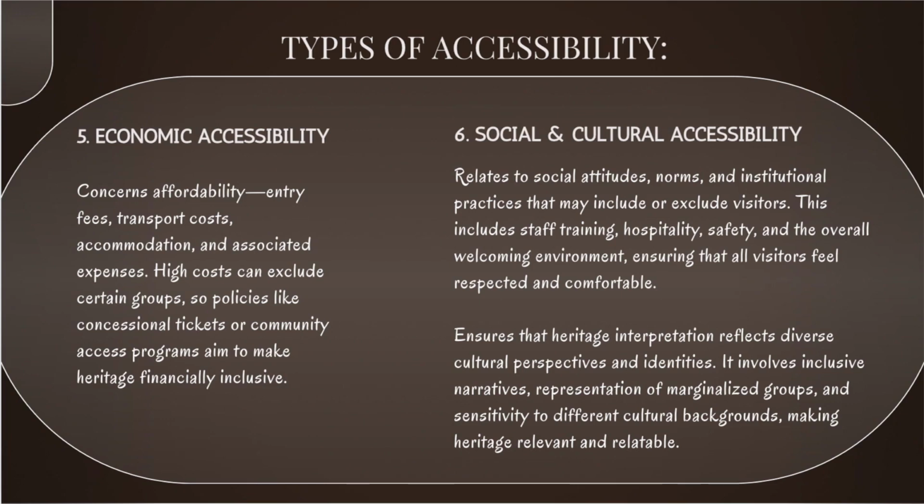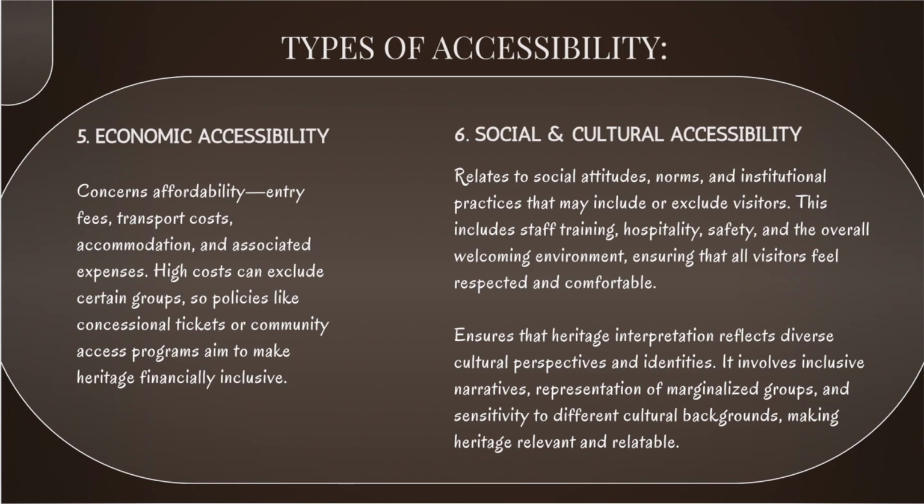The next type of accessibility is social accessibility, which relates to social attitudes, norms, and institutional practices that may include or exclude visitors. This includes staff training, hospitality, safety, and the overall welcoming environment, ensuring that all visitors feel respected and comfortable.